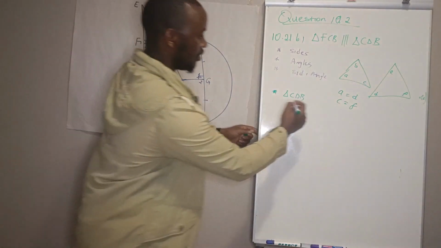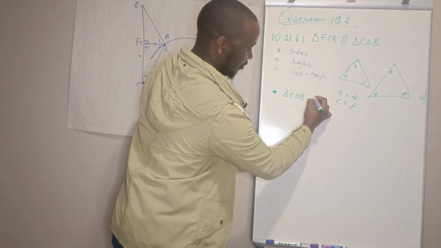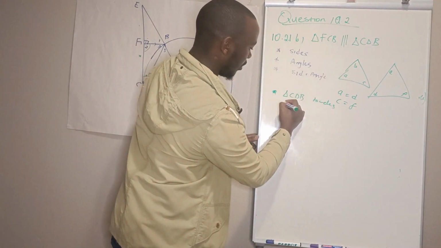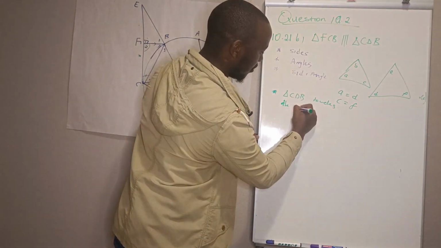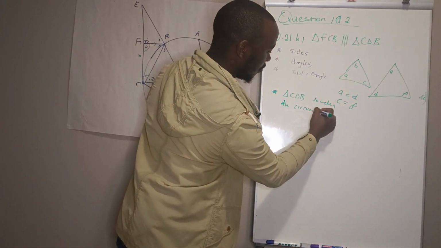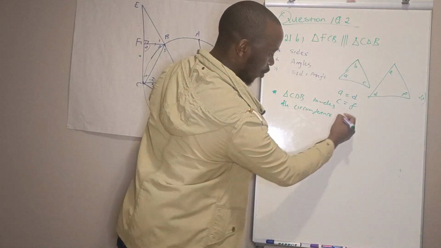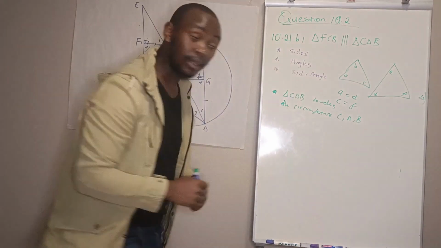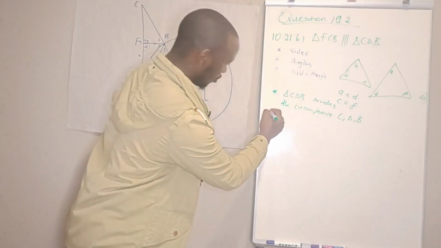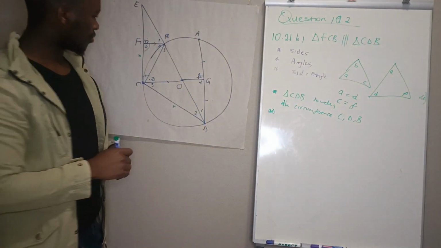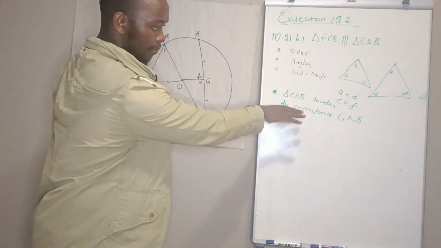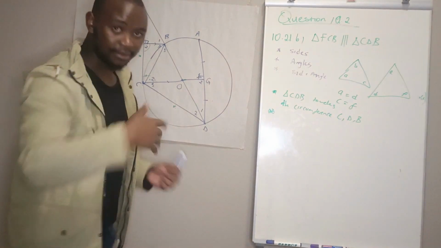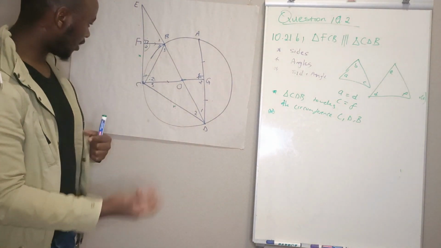So CDB touches the circumference on C, D, and B. So this is all the points. So the second thing to note, from that you can already see that that gives back to tan chord theorem and many others. Let's see, are we finished with that?